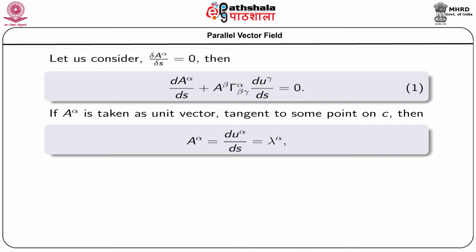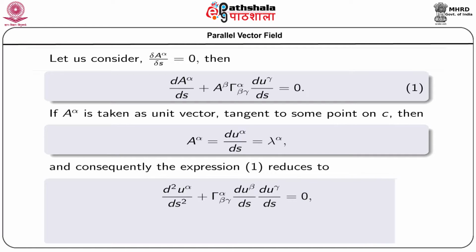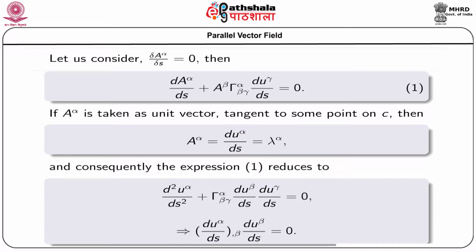So, if we replace A alpha by lambda alpha, then expression 1 reduces to d2 u alpha ds2 plus Christoffel symbol alpha beta gamma du beta ds du gamma ds equal to 0, which can be expressed in the form du alpha ds comma beta du beta ds equal to 0.